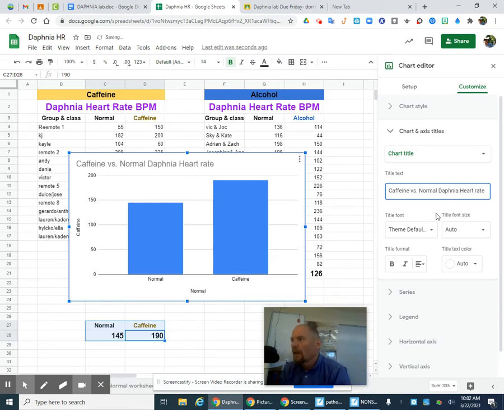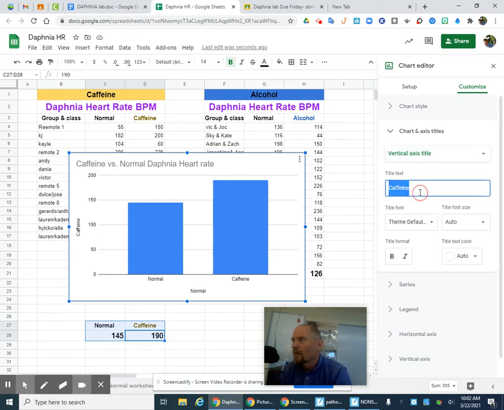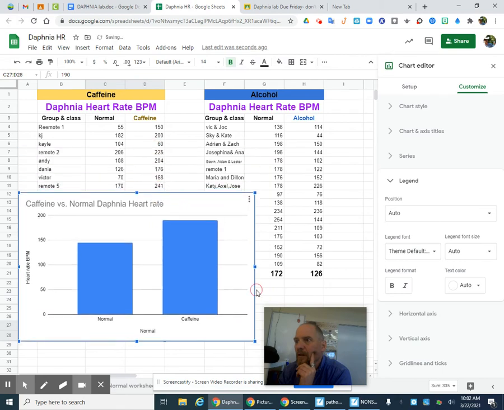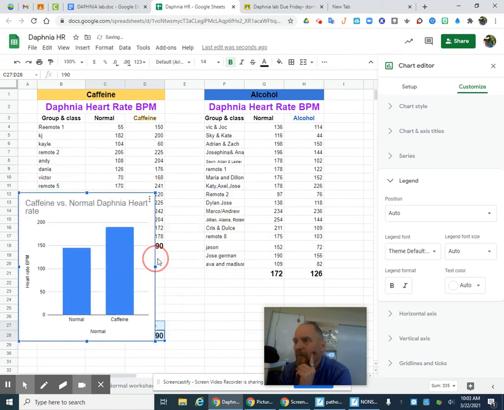All right, and the vertical axis should have been heart rate. You say BPM, beats per minute, and you're done, really. And then you just copy that onto there. All right, get that out of the way. And you would do the same over here, okay?